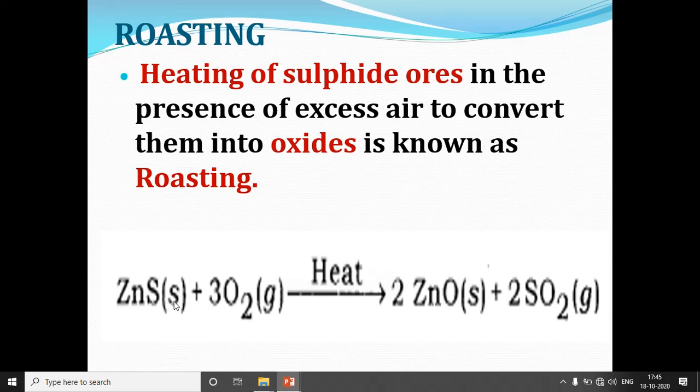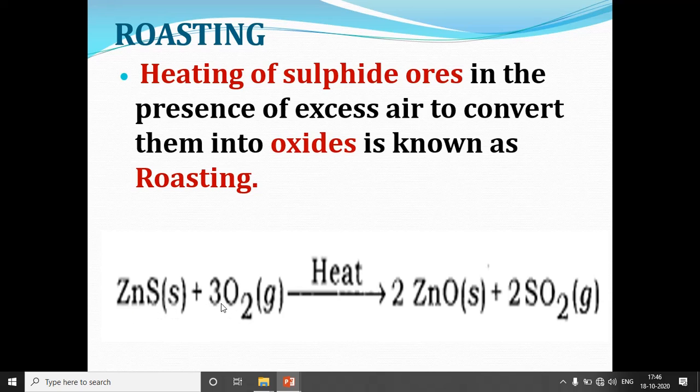Now here you can see an example for roasting process. Zinc is a metal. It is available in the form of sulfide ore. Zinc is a metal which is available in the form of zinc sulfide.